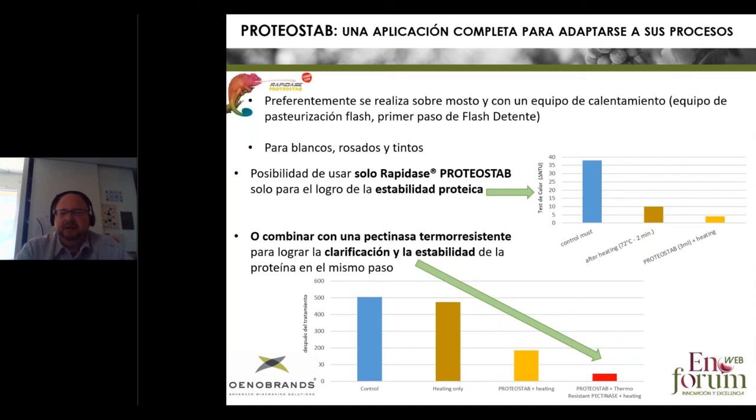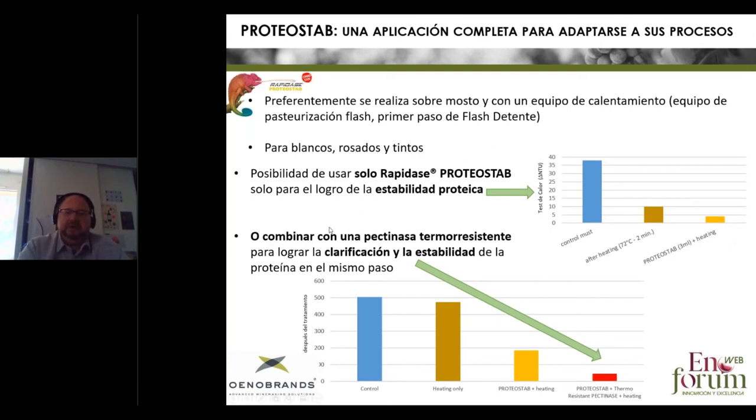Here on the right, the first graph shows the efficiency of Proteostab. Heating alone is able to reduce the protein instability, but not to a sufficient level, whereas addition of Proteostab at 3 milliliters per hectoliter and heating is able to reduce the wine instability to the right level.